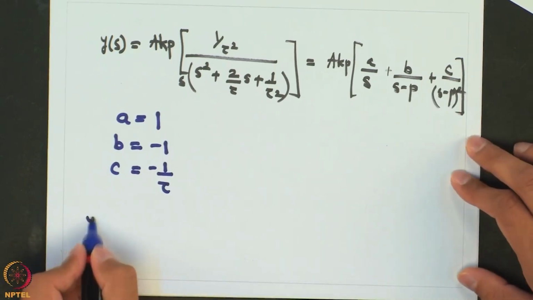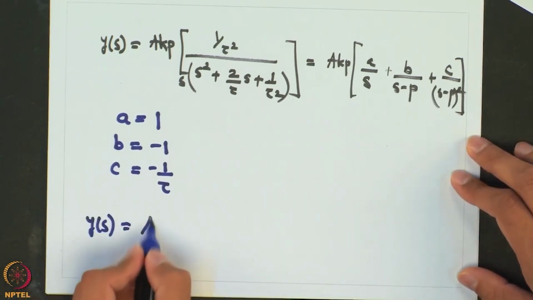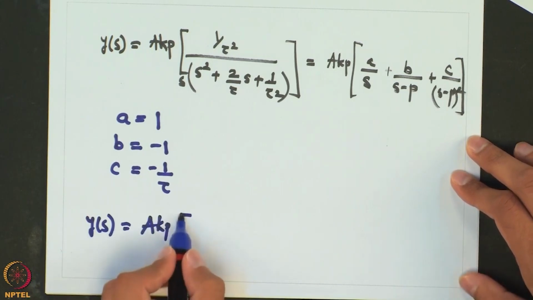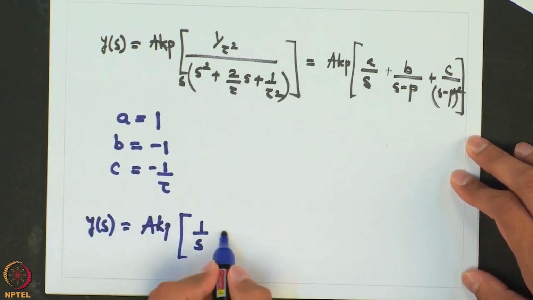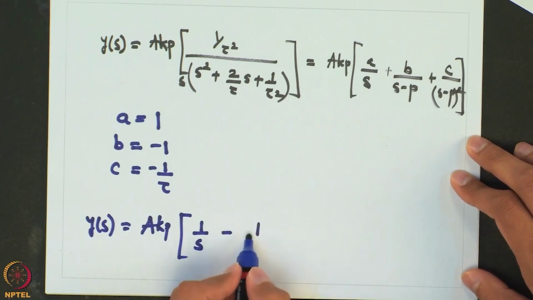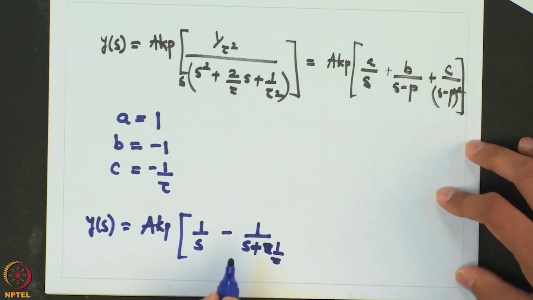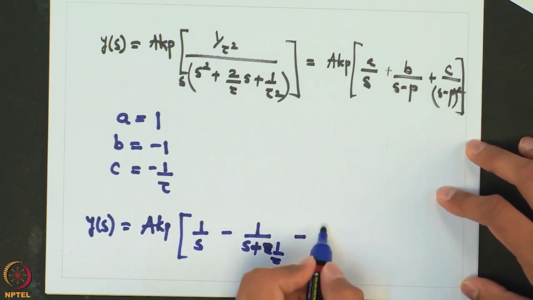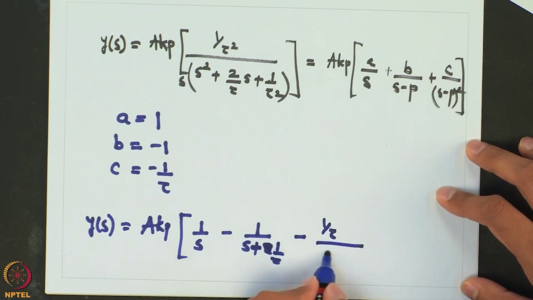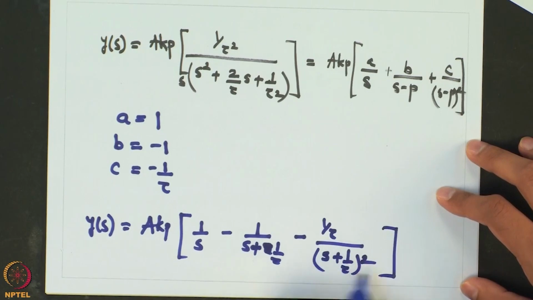So, when we substitute this, we get Y(s) is equal to AKp times 1 over s minus 1 over s plus 1 over tau minus 1 over tau times 1 over s plus 1 over tau square.